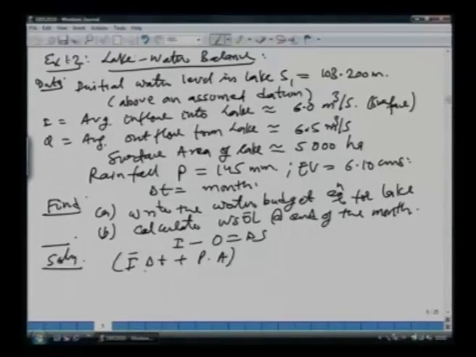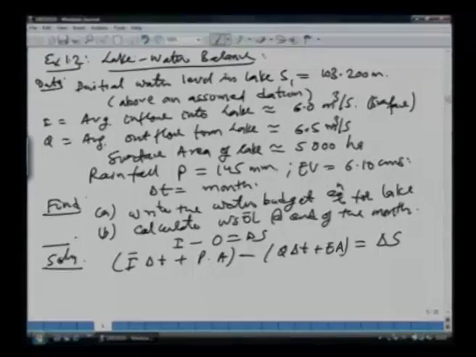So it is in volumetric units, and then precipitation is in the length unit, so we need to multiply this by the surface area of the lake, minus Q delta T plus evaporation. These are the outflows from the lake, and all of that has to be equal to the change in storage. So, this is your equation, or answer to part A of this question.